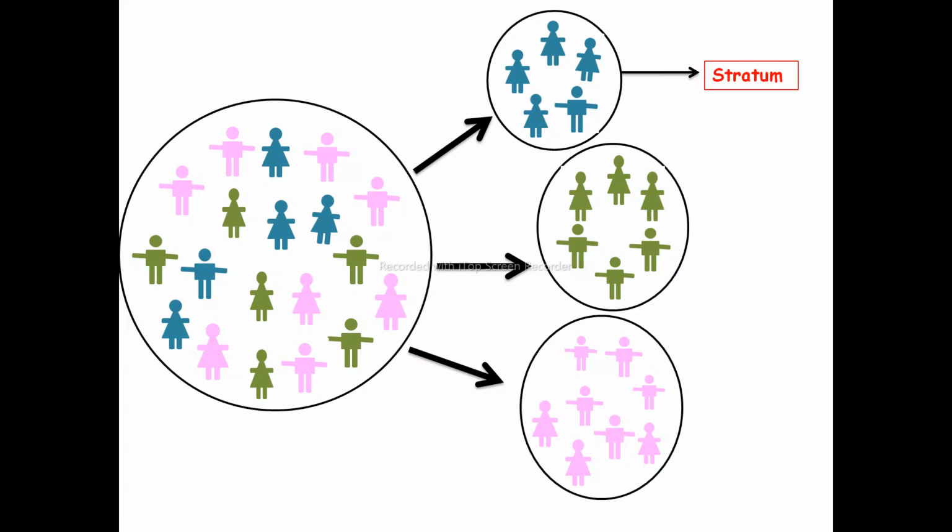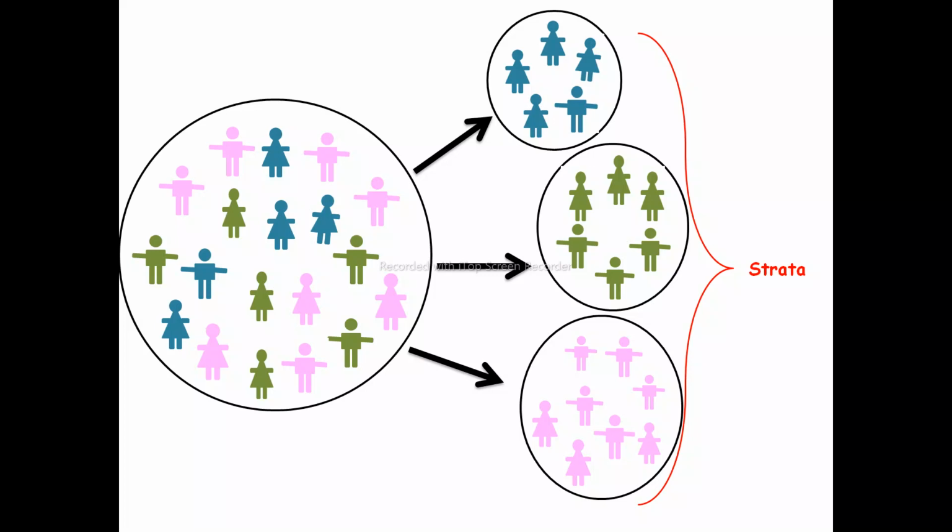So this is a stratum, this is a stratum, and this is a stratum. A single group of people is known as a stratum, and strata refers to a group of stratum. Strata is the plural. Now, in stratified sampling, a stratum should be relatively homogeneous and strata should be contrasting to each other.